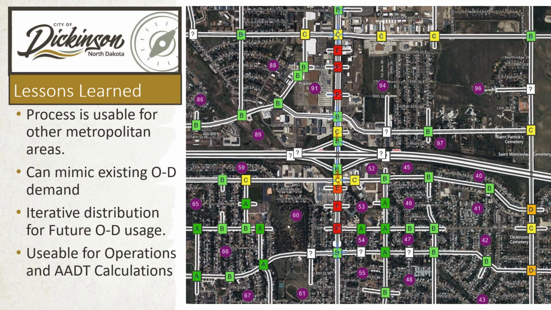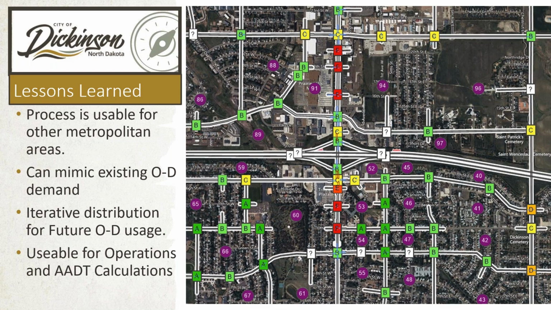So going through lessons learned for this project, we really found that it was a very efficient way for us to look at metro-wide operations based on limited data coming in. The entire process of the Vistro model and streetlight data probably took about 2 to 3 weeks to put together from an hours standpoint.